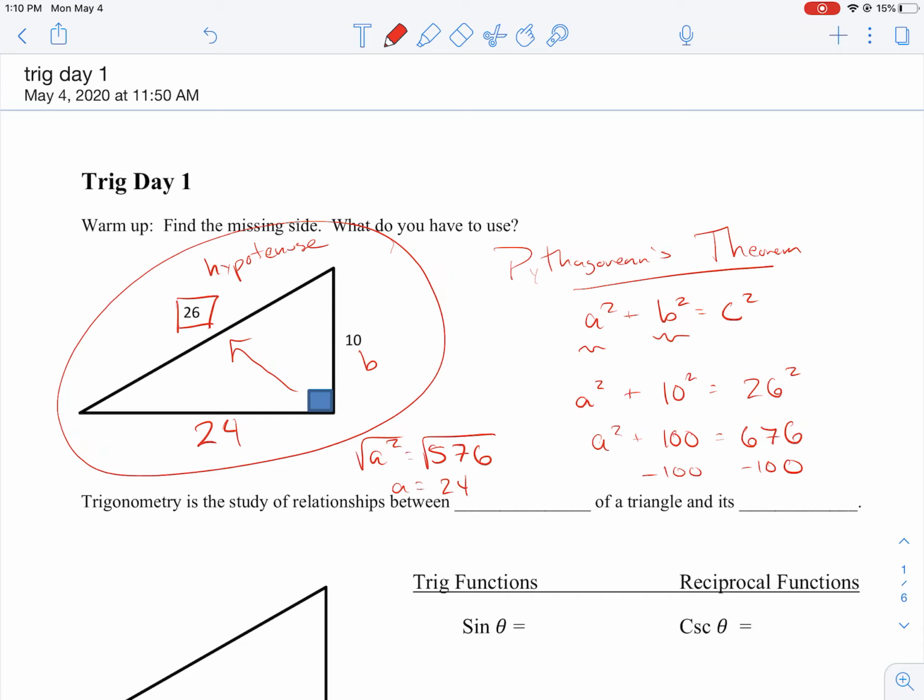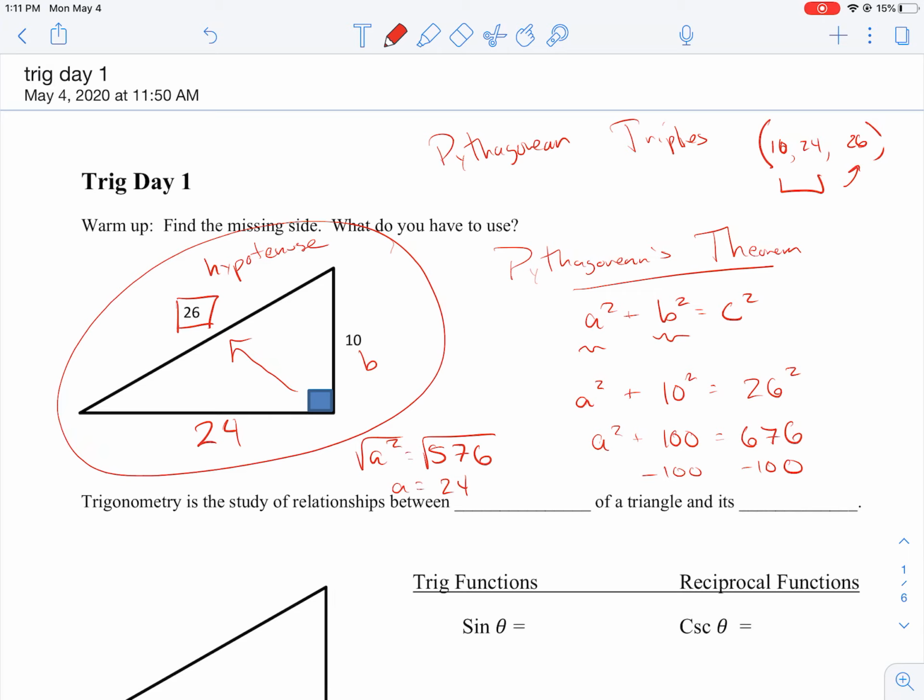We call these Pythagorean triples, and they're written like this: 10, 24, 26. Which basically means that these two numbers squared equals this third one, and you get nice numbers.